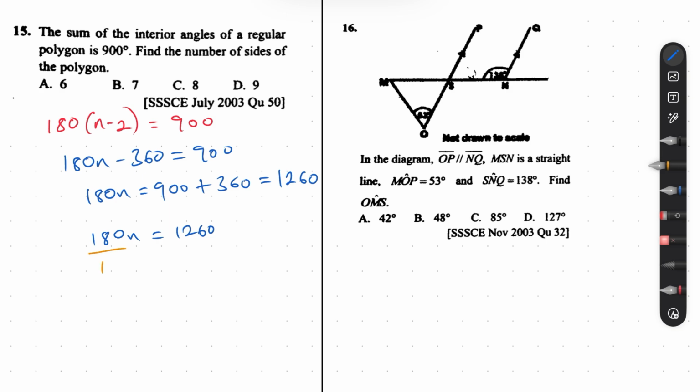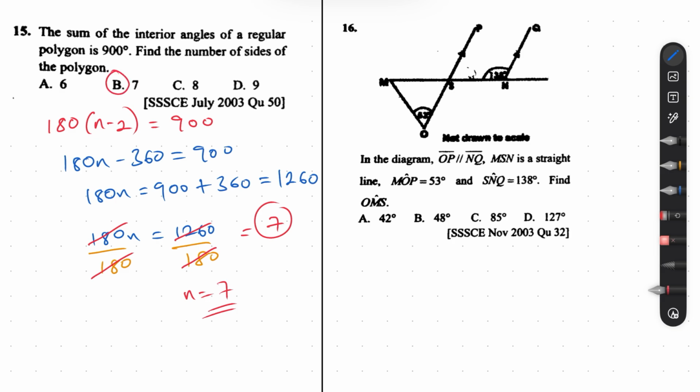Divide both sides by 180. This cancels out, and then how many times does 180 go into 1260? That would be 7 times. So our n is equal to 7, which is the number of sides of the polygon.